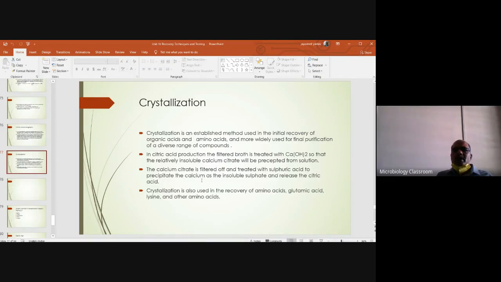The calcium citrate is filtered off and treated with sulfuric acid to precipitate the calcium as the insoluble sulfate and release the citric acid. Crystallization is also used in the recovery of amino acids, glutamic acid, lysine and certain other amino acids.